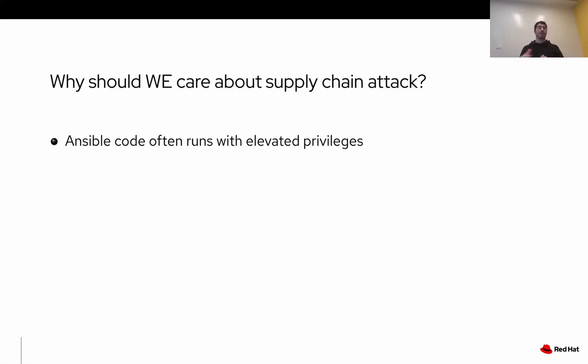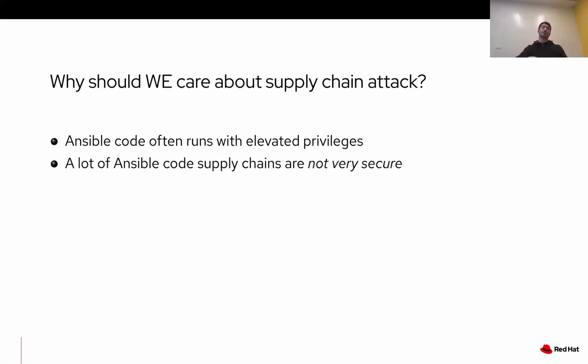So we will need to run this code with very privileged access, which means that if malicious code ends up in our pot of code, that code will also be executed with the same elevated privilege.